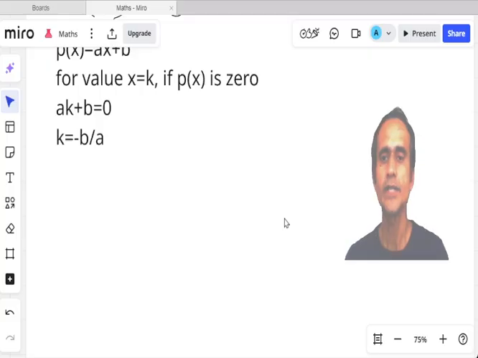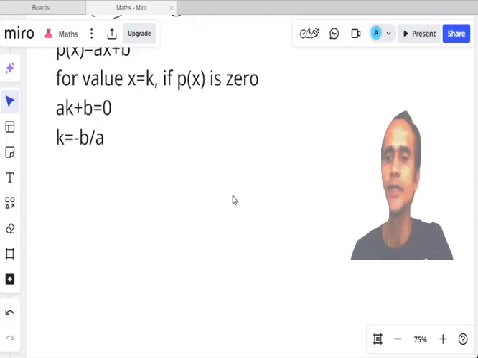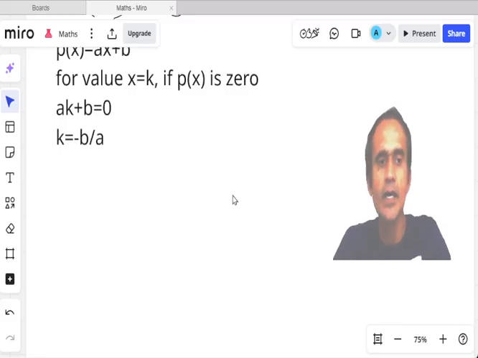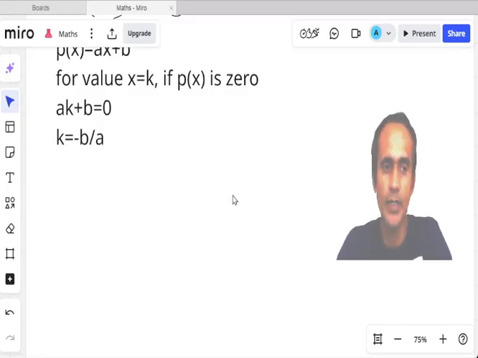In our next video we'll find out how the 0 of a polynomial is related to the coefficients. And we'll also study what is the geometrical meaning of the 0 of a polynomial.